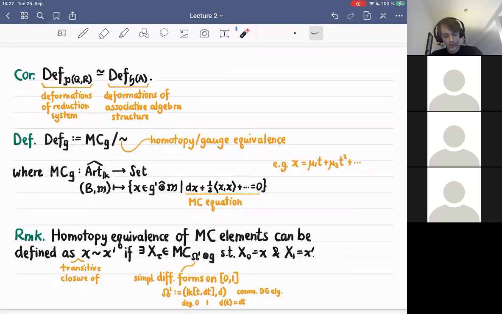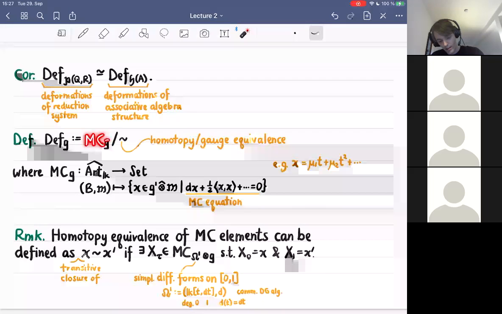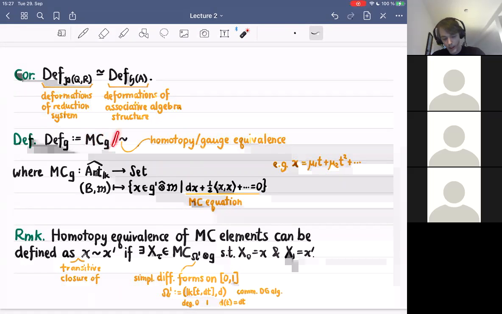Okay, so how is this deformation functor defined then? Given any L infinity algebra or DG Lie algebra G, you take a certain functor here, MC_G, and then you quotient out by homotopy or gauge equivalence.